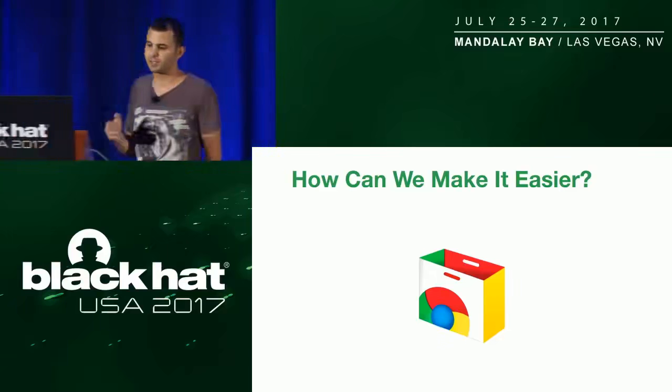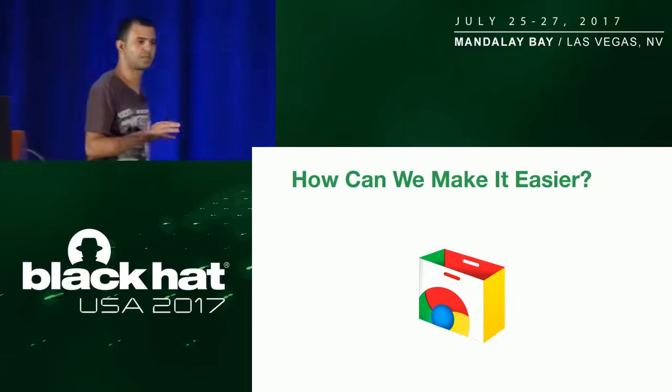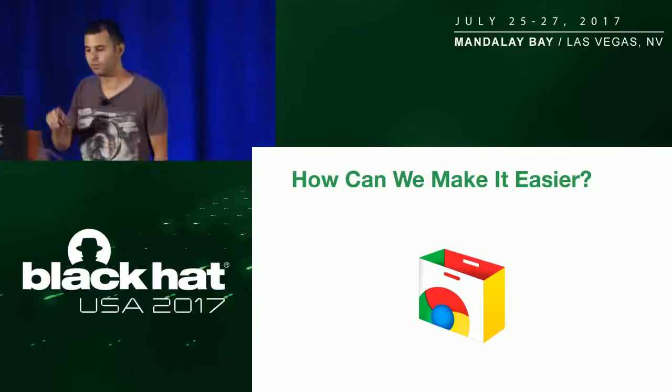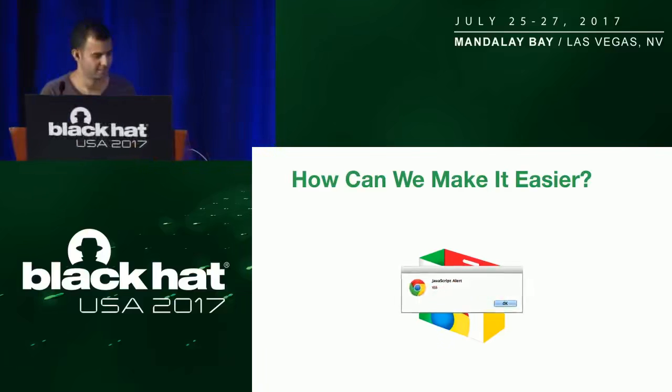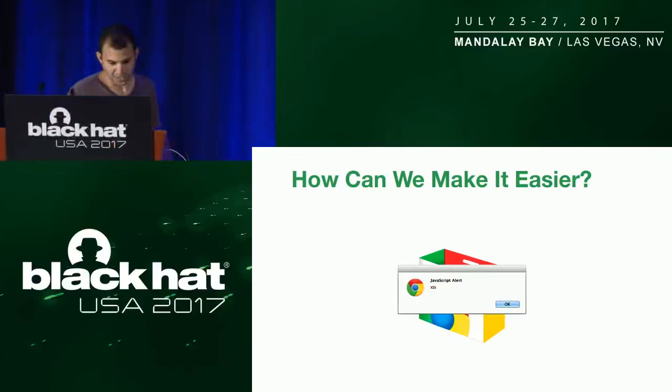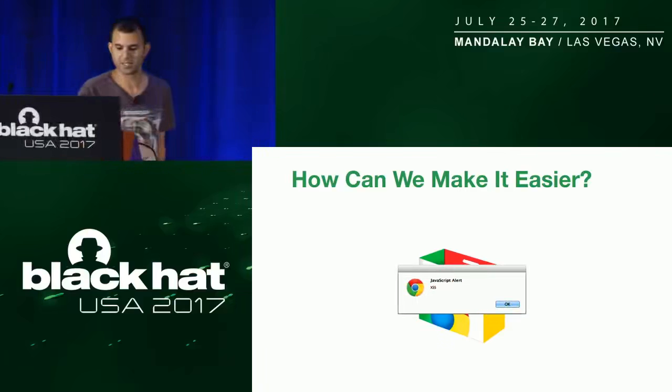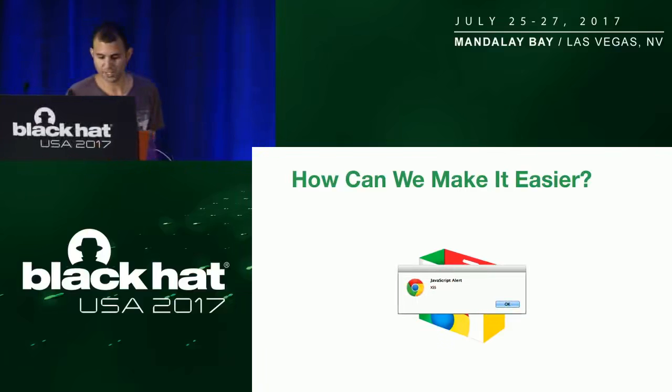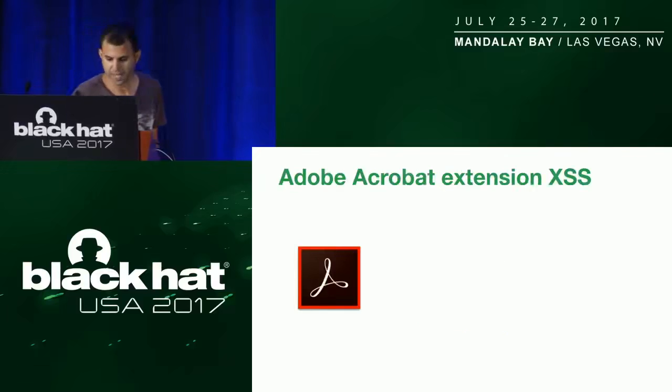Running JavaScript in the context of a web application, I know, XSS. So instead of explaining the difference between XSS in web pages and extensions, let's just have a look at some recent examples. The first example I want to show here is the Adobe Acrobat extension XSS.